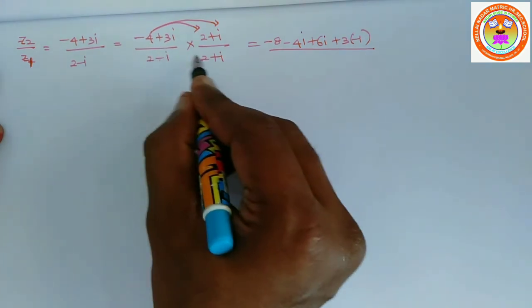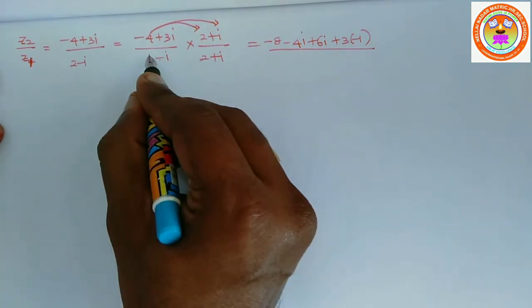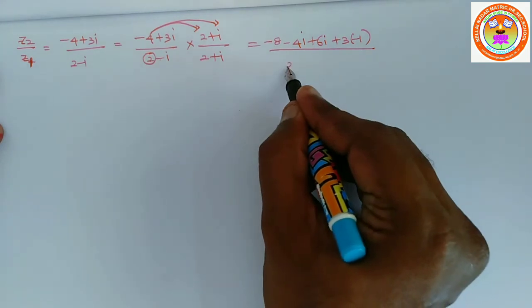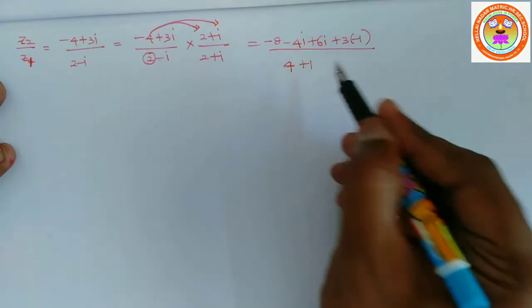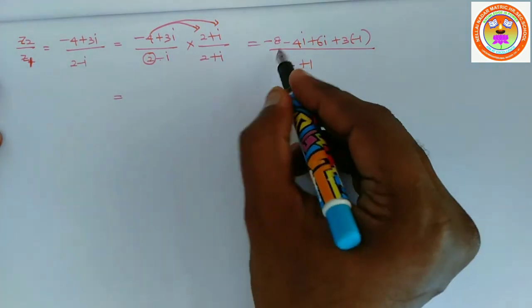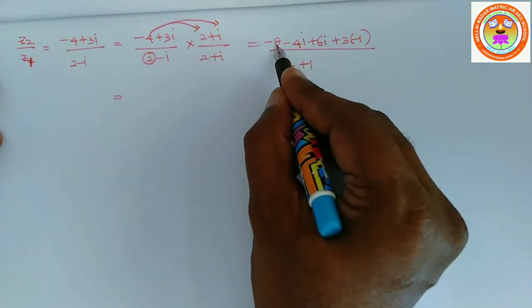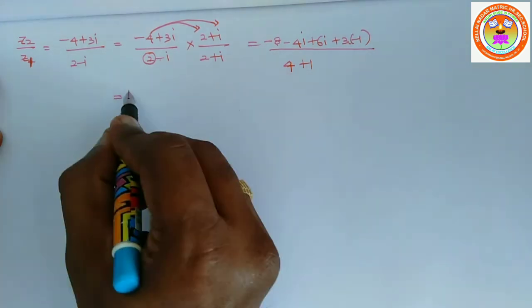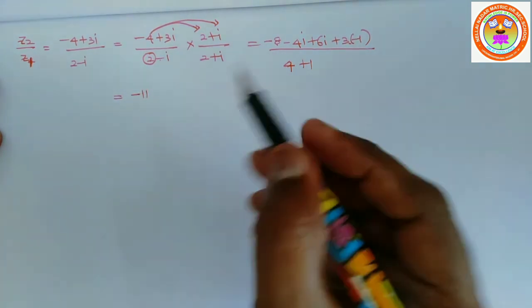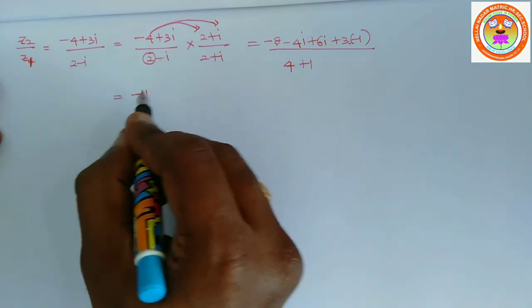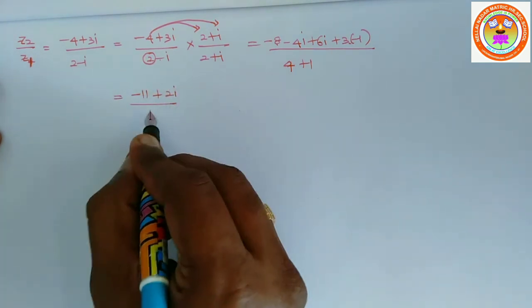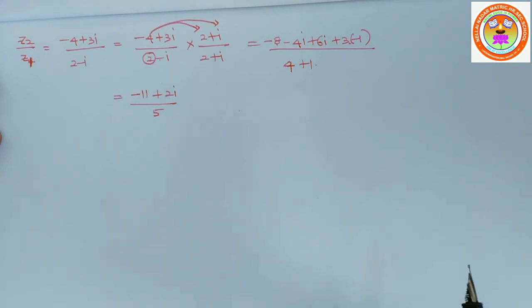For a minus ib times a plus ib, a is 2 here; 2 squared is 4. The i coefficient is 1; 1 squared is 1. So what is the answer? Minus 8 minus 3, nothing but minus 11. Minus 4i plus 6i gives plus 2i. The denominator 4 plus 1 is nothing but 5.